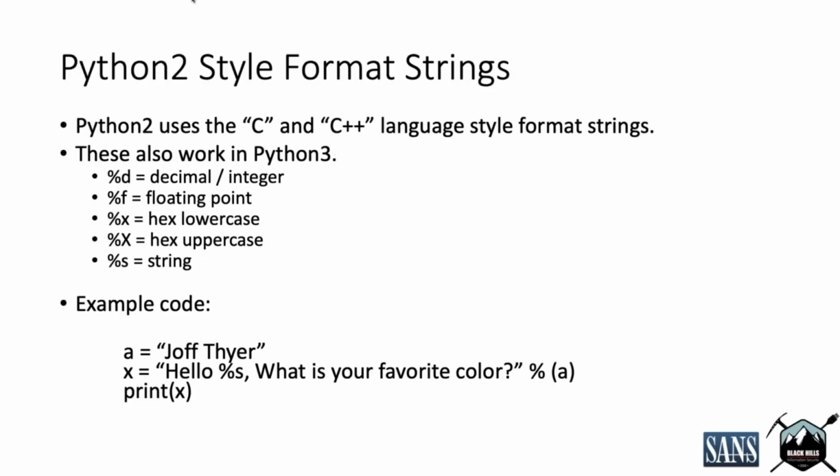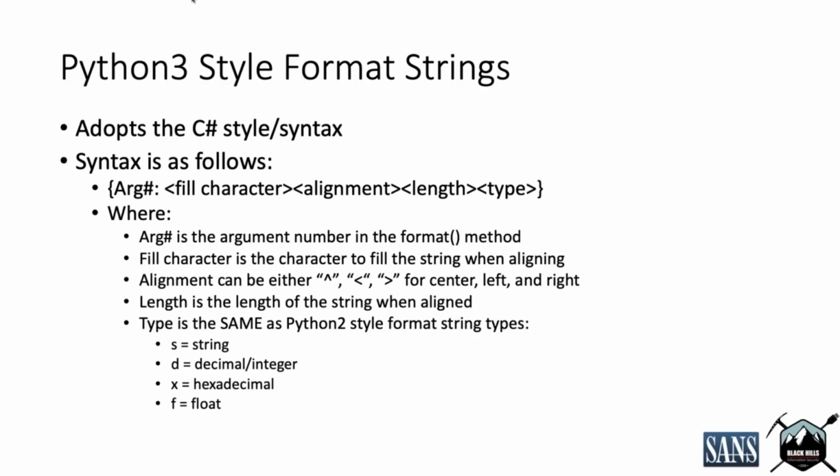Now, Python 2 style format strings are something that we all know and love, and we've been used to if we've been programming in the Python language. They will not go away in Python 3, and that's a beautiful thing. However, Python 3 adopted a new style of format string, which is a little bit more precise than Python 2, and over time, I've actually grown to love and find more useful.